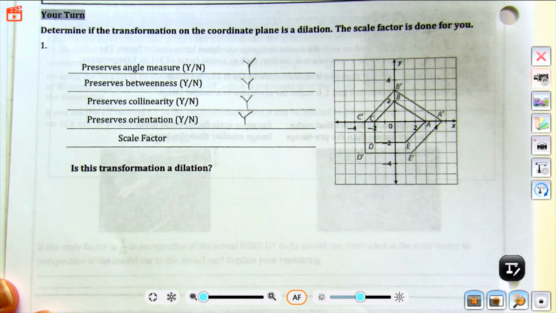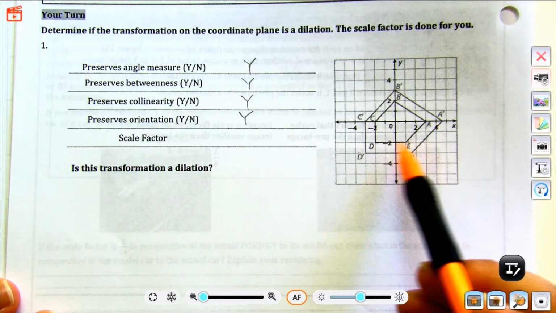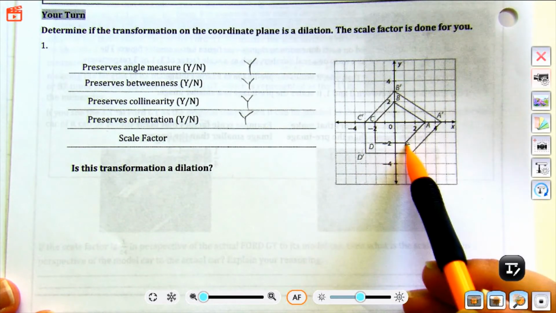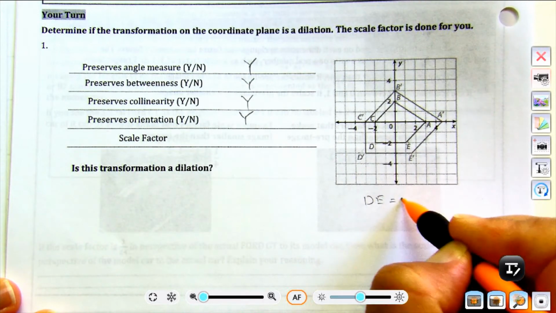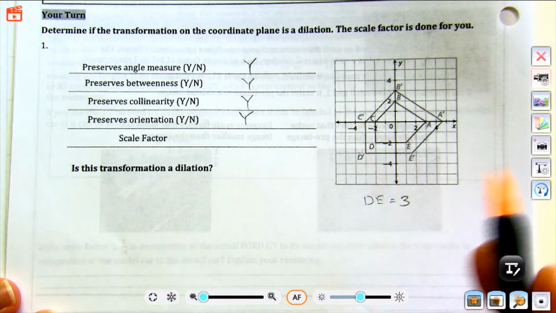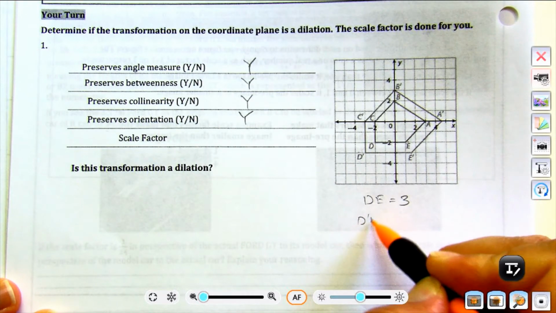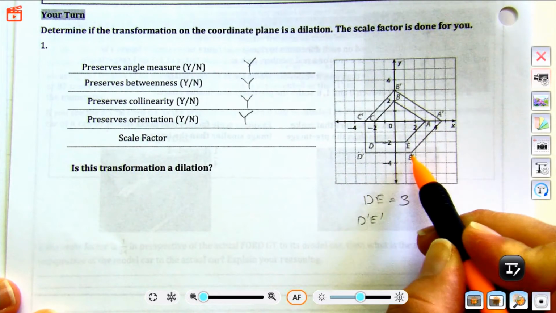And then determine what the scale factor is. So we can actually look at one side. If we look at this side here, DE, the length of DE is 1, 2, 3. So I'm just going to write right here, DE equals 3. What is D prime E prime? So that is 1, 2, 3, 4.